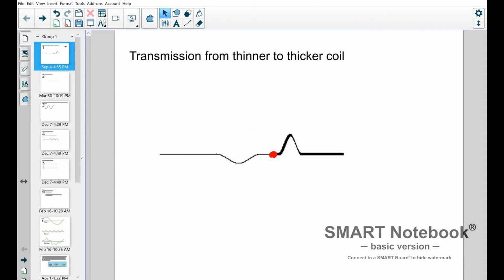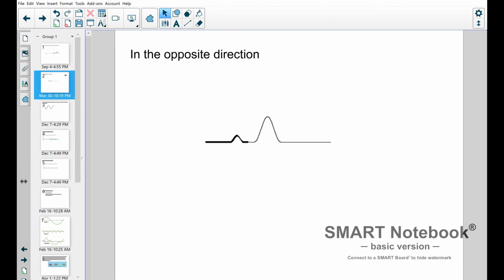The opposite would be true if I went the other way. If I went from a heavy material to a lighter material, you'll notice when it reaches that end, the light material does not act like a fixed end for that original coil, and the reflected part of the pulse travels back on the same side of the heavier coil.